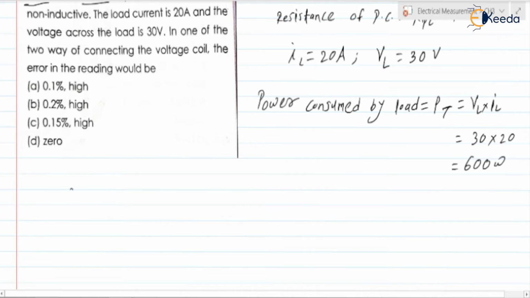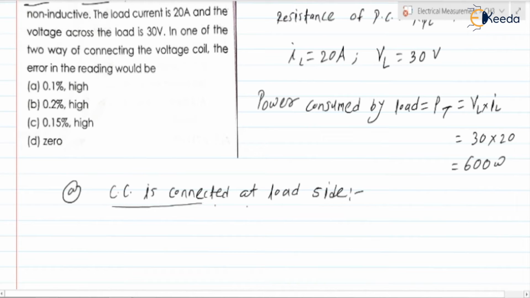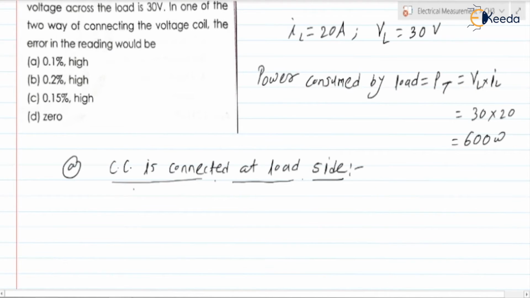Suppose the first connection: the current coil is connected at the load side. When the current coil is connected at the load side, if you recall the previous videos, the error is due to the current coil only.